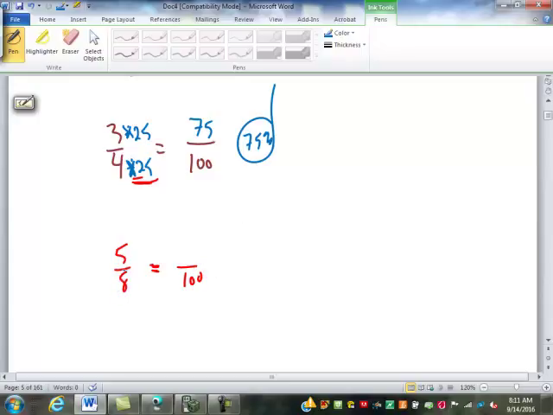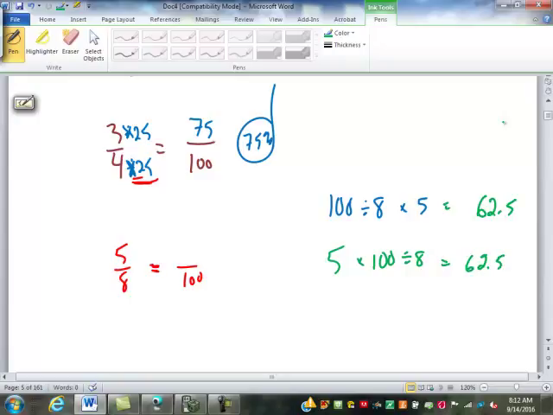And then you're going to multiply the 5 by 12.5. So you're going to do 100 divided by 8 times 5. Would it make any difference if I did 5 times the 100 and then divided by 8? Would I get the same result? Either way, I'm going to get 62.5.